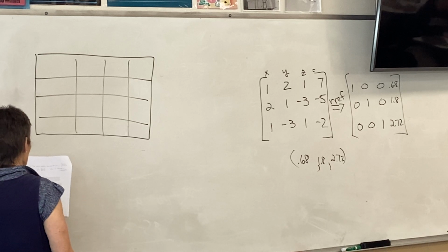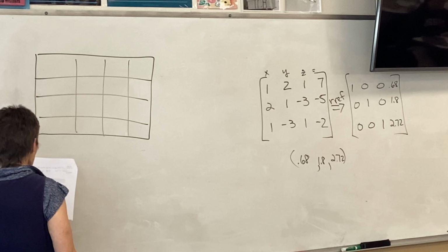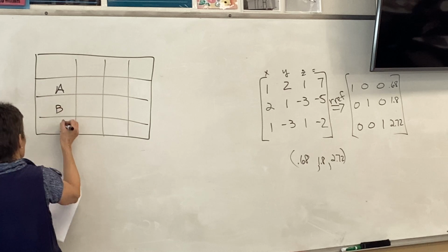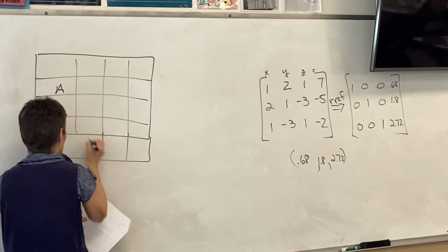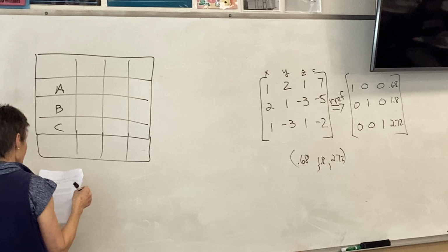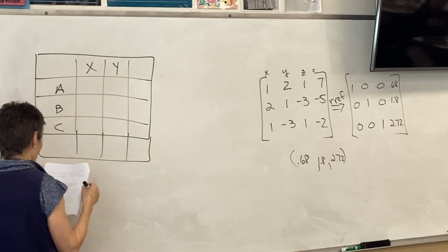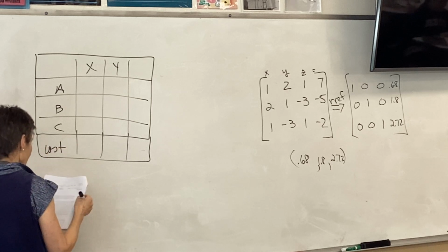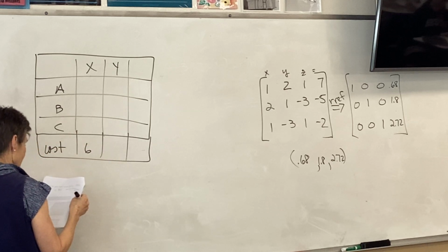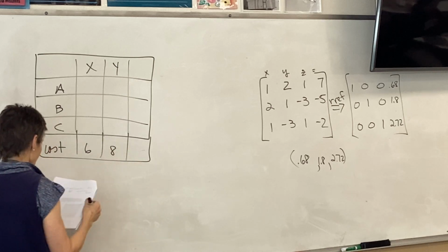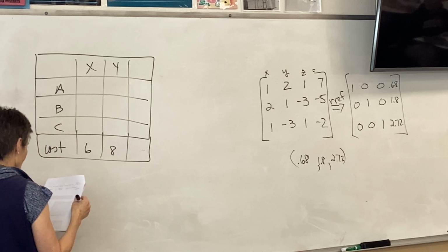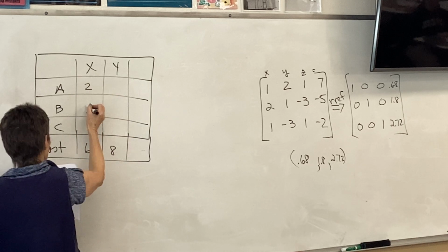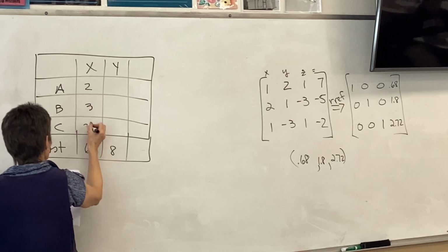Ted needs vitamin A, vitamin B, and vitamin C. He can use brand X or brand Y. Brand X costs 6 cents, and brand Y is 8 cents. Brand X gives me 2 A's, 3 B's, and 25 C's.